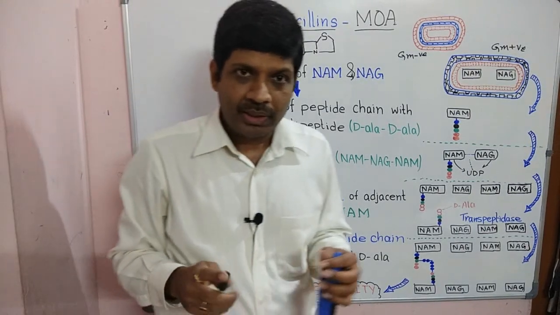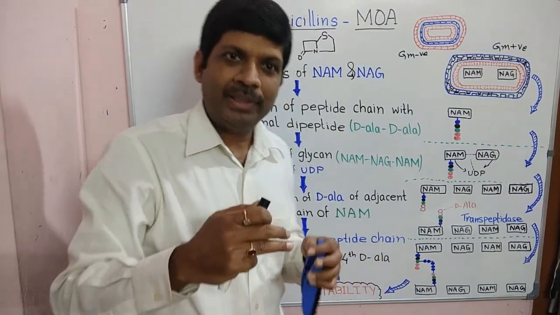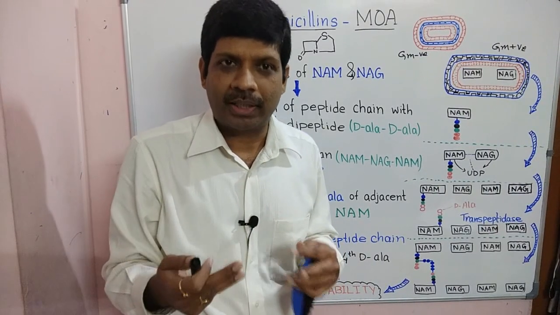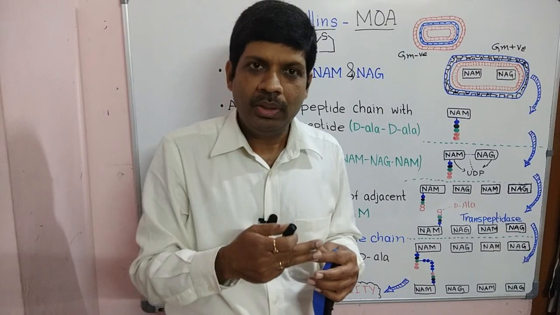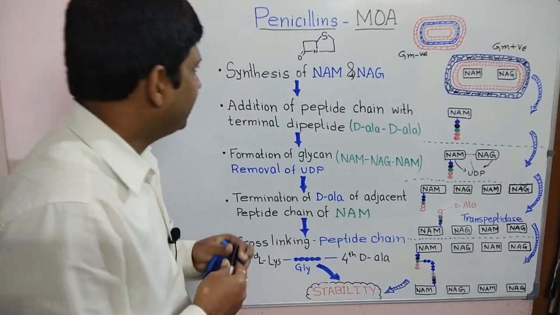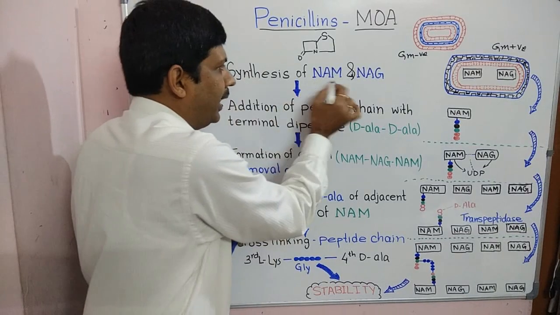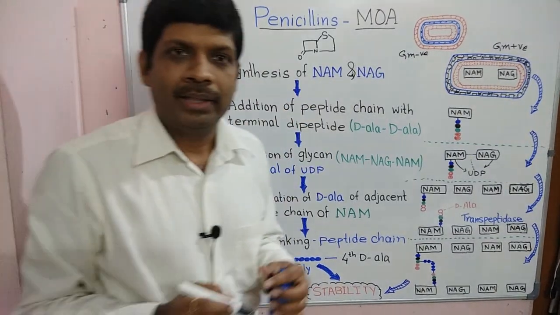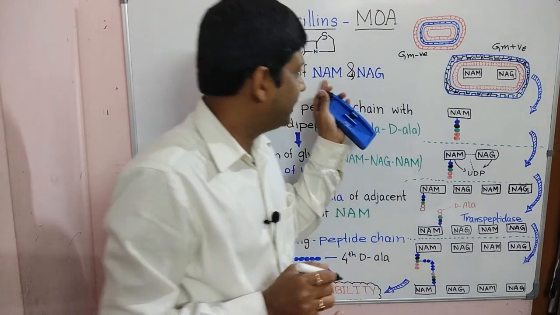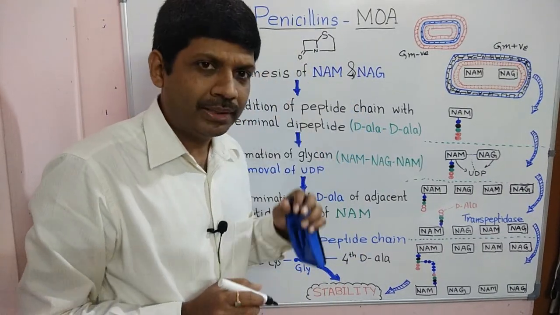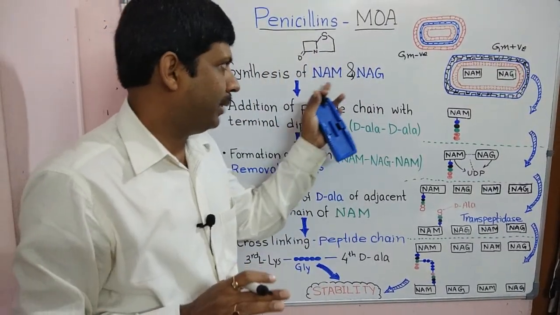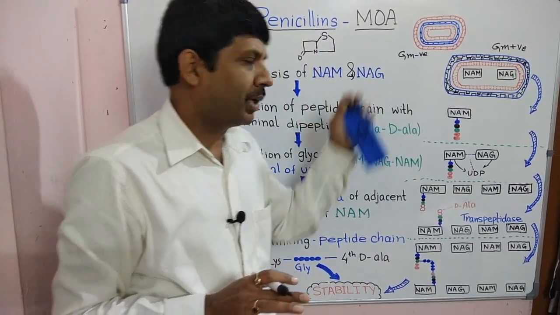First, I will discuss in general how the synthesis of the cell wall occurs, and then I will move on to the mechanism of action of this group of drugs. What happens? There is a synthesis of NAM and NAG. These are amino sugars, N-acetylmuramic acid and N-acetylglucosamine.